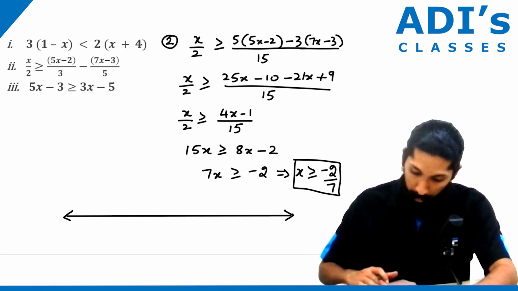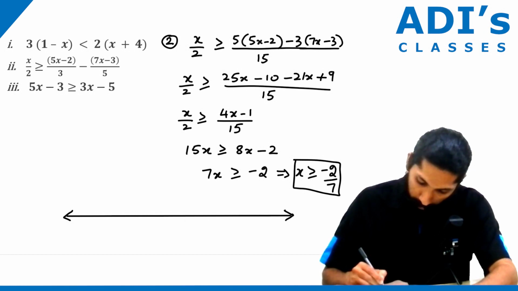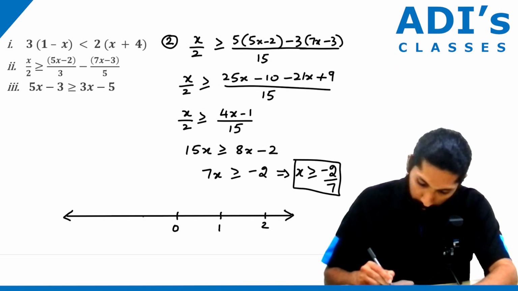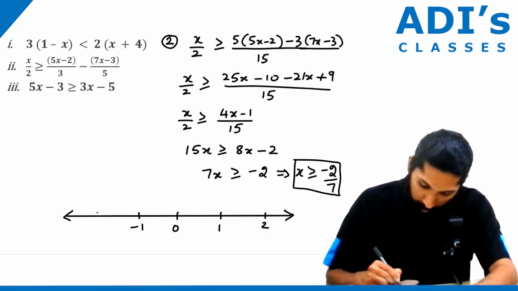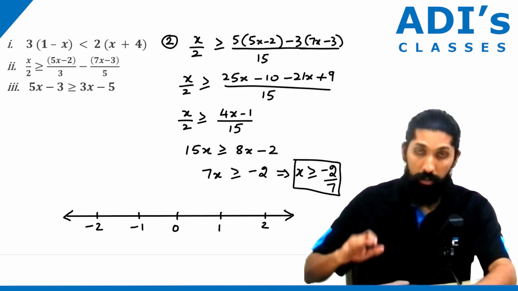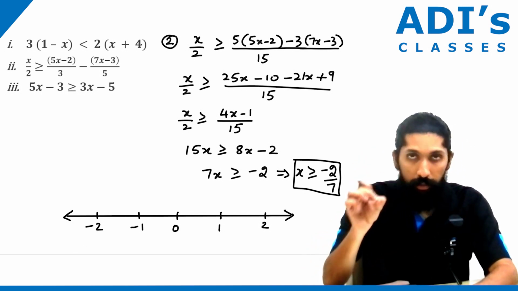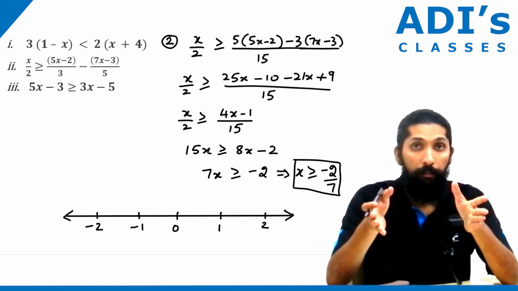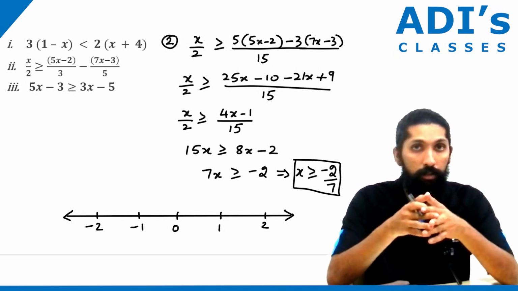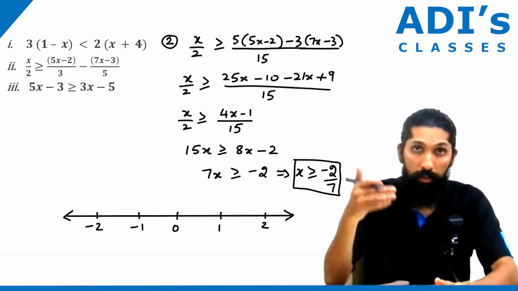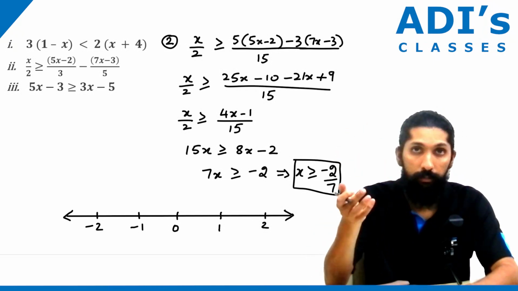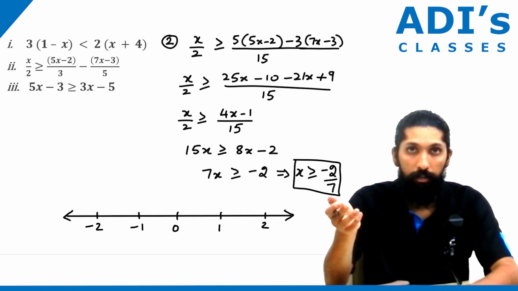So in this case, the value of 0 is here, say 1 is here, 2 is here, and in this case it is say minus 1, say this is minus 2. Just so you identify where minus 2 by 7 is, you create a little bit of gap between 0 to 1. Make sure that the scale is larger. You're scaling the values up so that you understand how it can be seen, or the presentation.